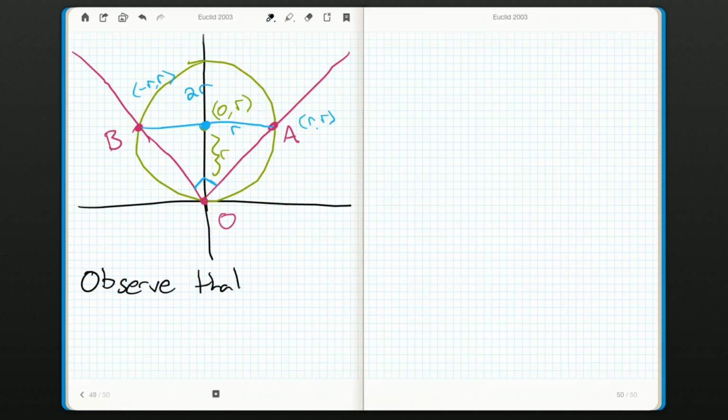So observe that angle AOB is 90 degrees. How best should I justify that? I would say probably the best way to justify that is by saying each of these is 45 degrees.